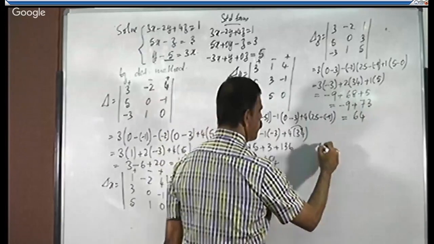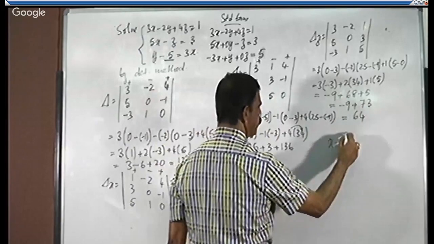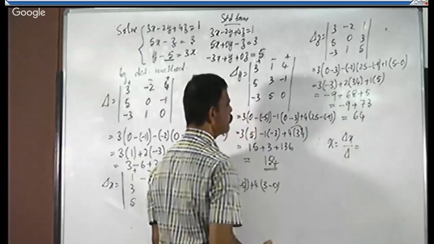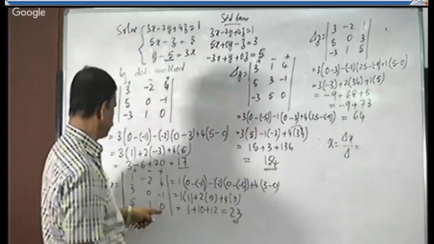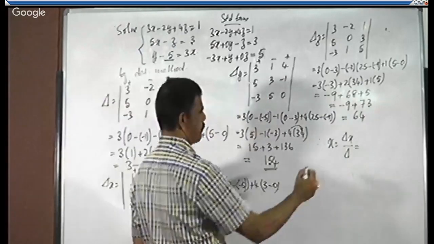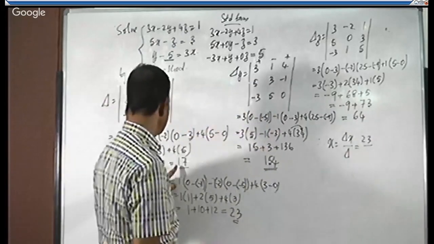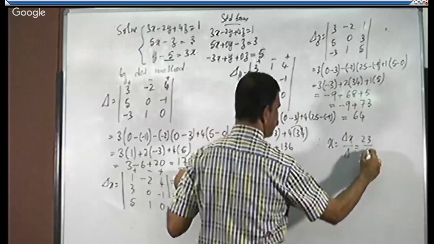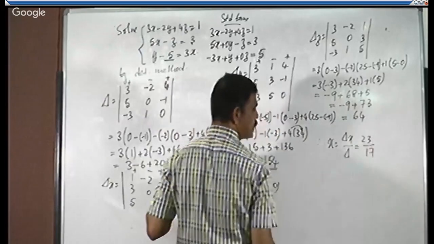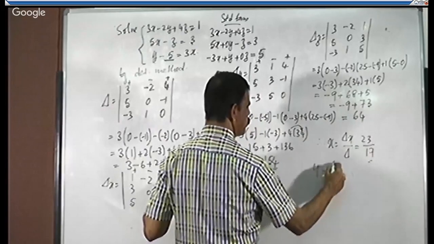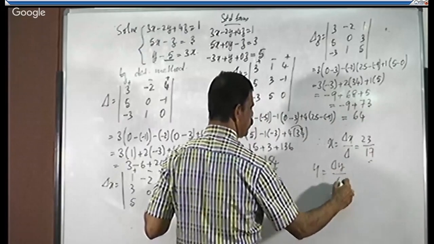Okay. Therefore, x value is equal to what? Delta x divided by delta. What is delta x? Delta x is equal to 23 divided by delta. What is delta? Delta is 17. They don't cancel each other. We keep it as it is. Y is equal to delta y divided by delta.